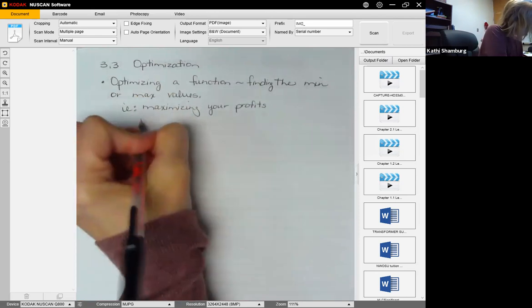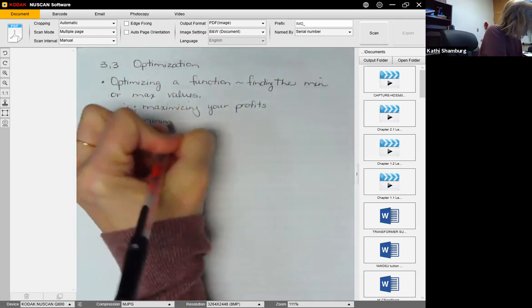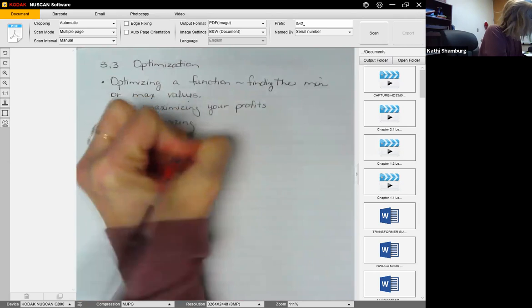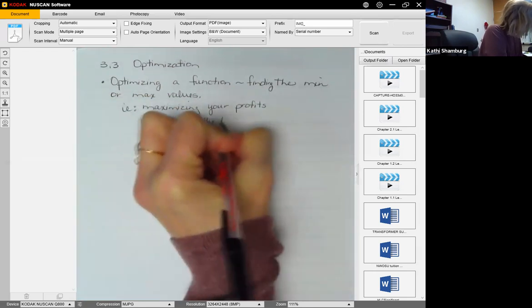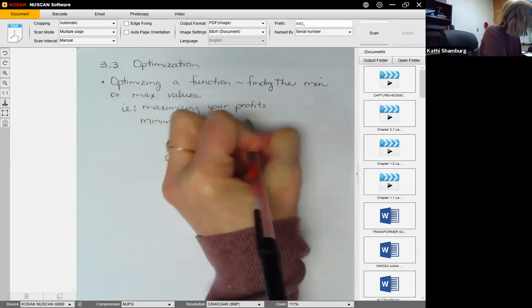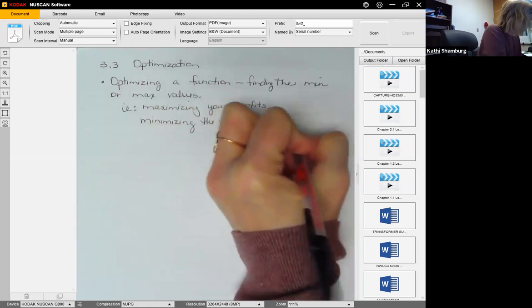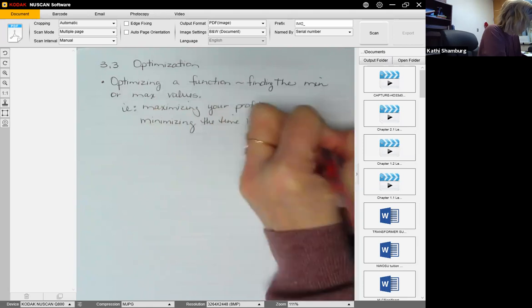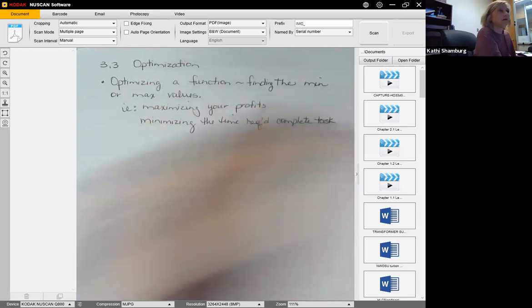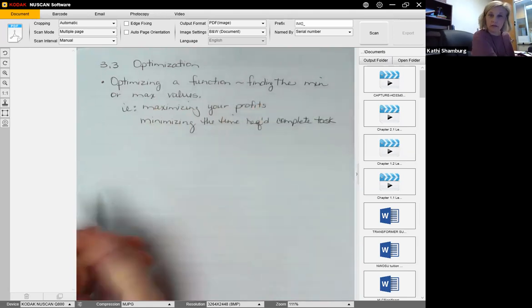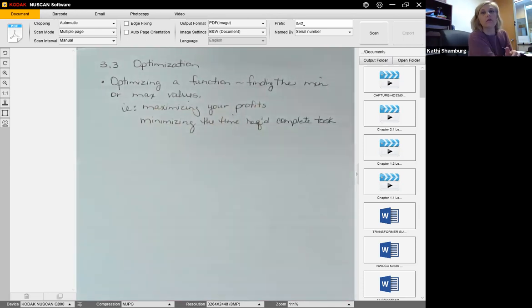It could also be minimizing the time required to complete a task. Obviously, they want to get the most out of their employees. So how can we complete this task but use the least amount of time?